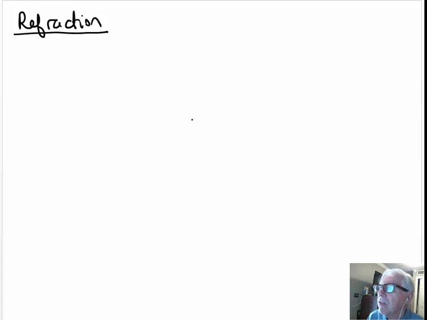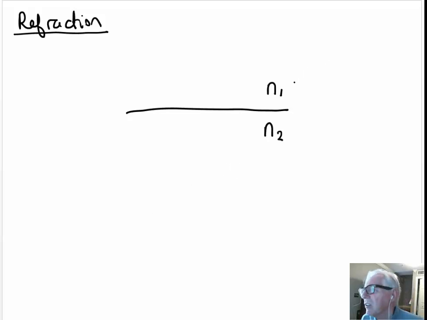And for refraction, we have one medium which has a refractive index of N1 and another medium which has a refractive index of N2. So there's a few things we have to learn here.